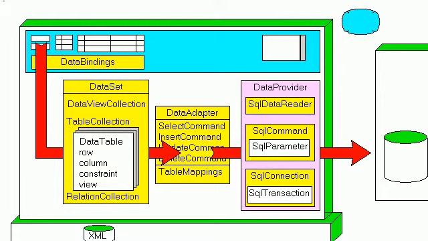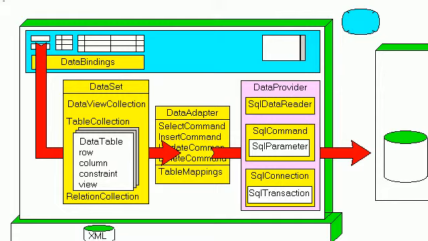But mainly we have two functions of the data adapter: fill and update. When you use the data adapter to fill, you put the data set, and the other is called update. And when we talk about update, we talk about the REST operations like insert, delete, and update.